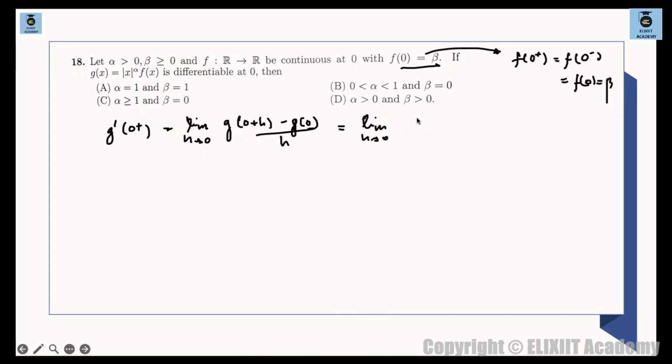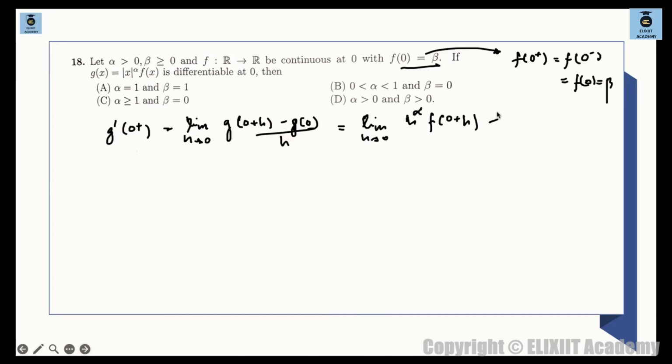So h to the power of alpha, mod of h to the power of alpha. Now look, 0 plus means we'll take the positive side of the mod. So this will become h to the power of alpha, because we took 0 plus. Remember, we took 0 plus, so this will be the positive side of mod x. So h to the power of alpha into f of 0 plus h. You can write 0 plus h or h, the same thing.